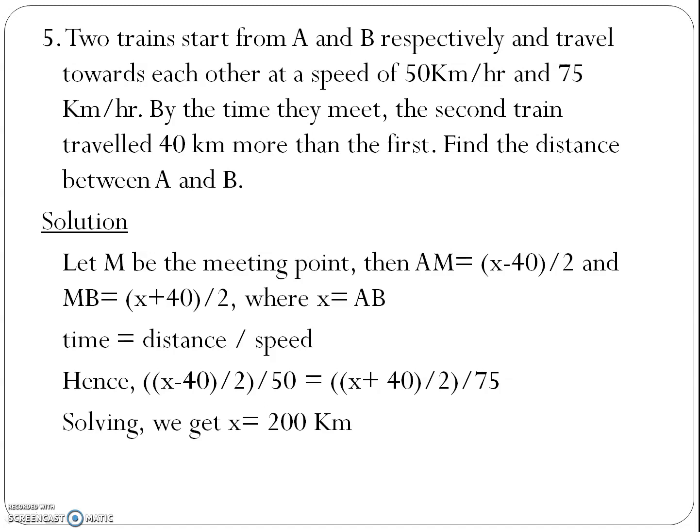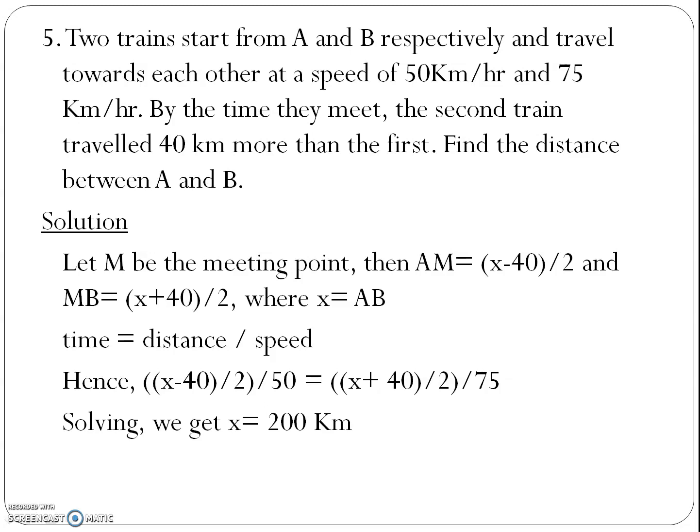since it is given that the second train traveled 40 kilometers more than the first at the meeting point, we conclude that MB equal to (x plus 40) divided by 2, where x is equal to AB. Using this relation, we can get AM equal to (x minus 40) divided by 2.